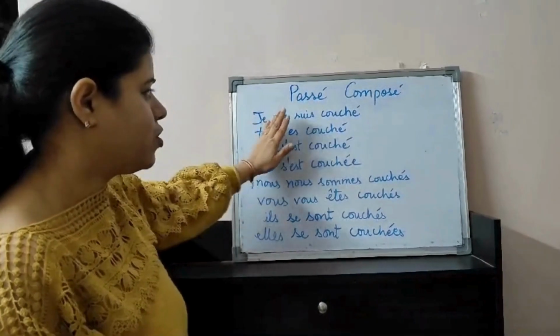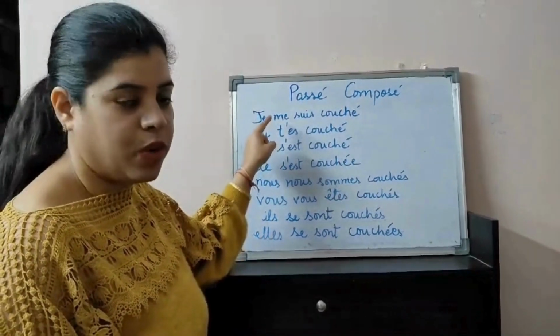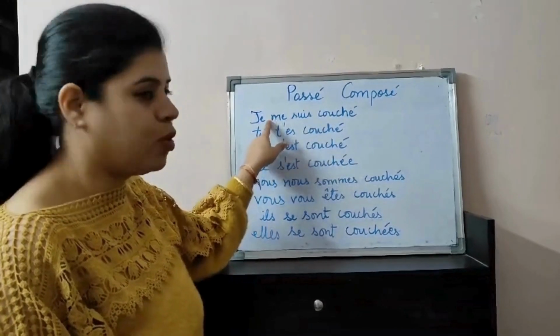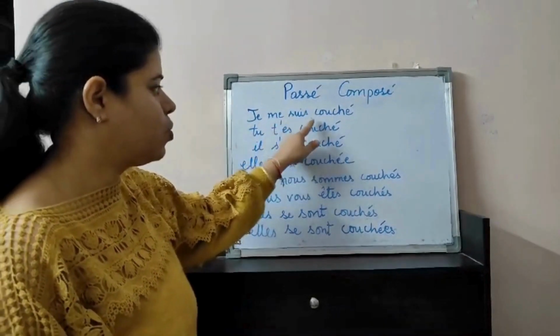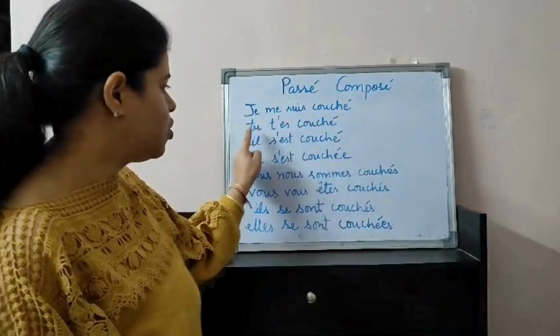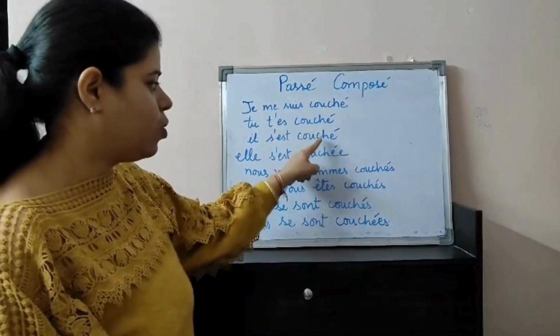So in the past tense, we need to write the conjugation of être after the pronoun. So the formation will be like je me suis couché, tu t'es couché, il s'est couché.